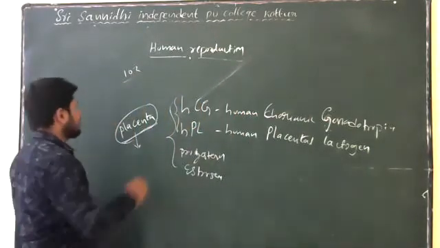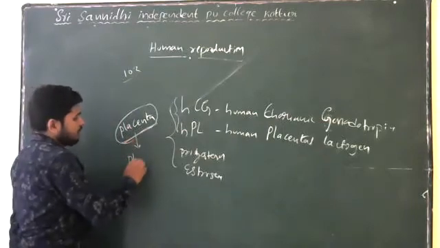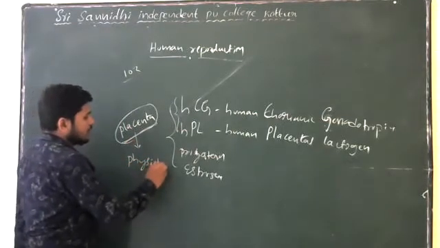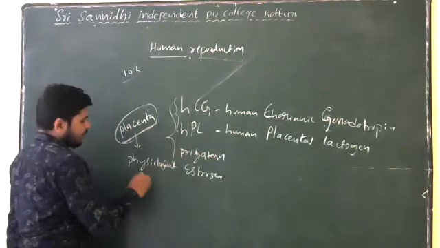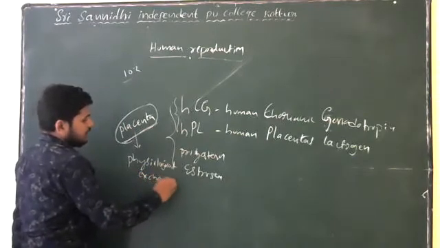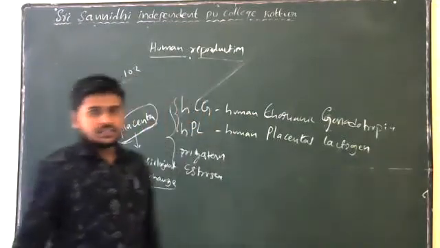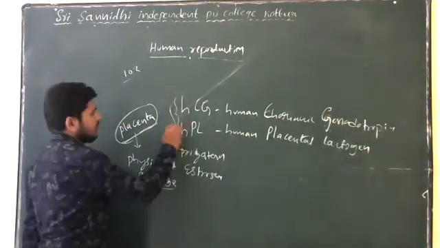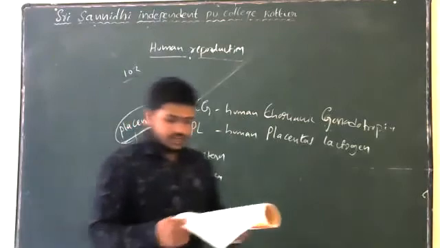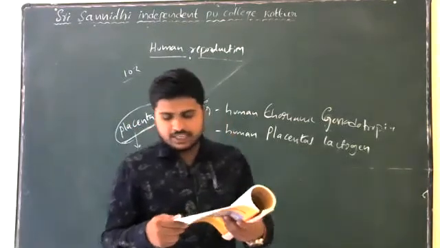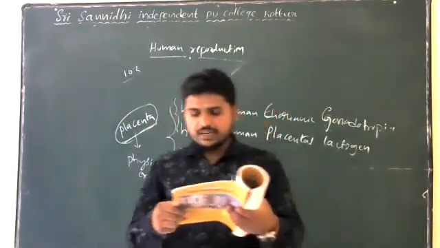That's why the placenta is an organic connection for physiological exchange, and along with that, it also secretes hormones during pregnancy. That's why the second option, placenta, is the right answer.